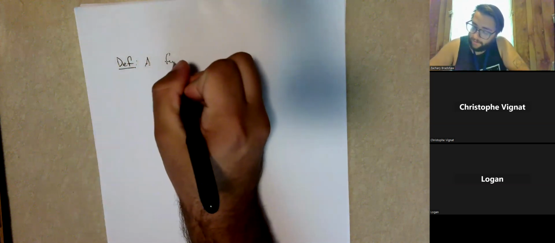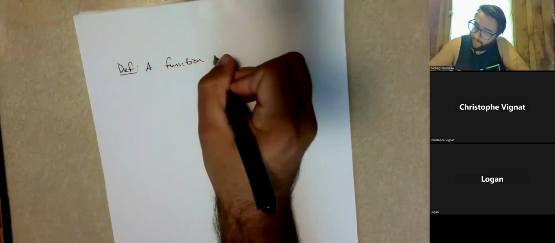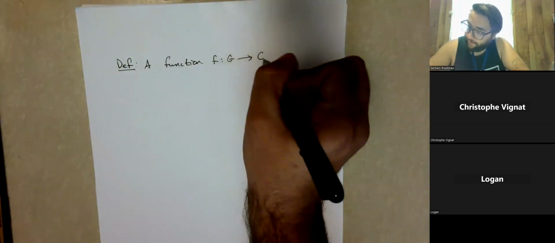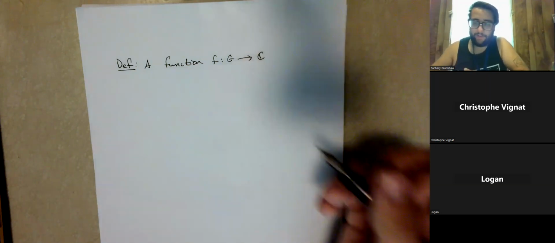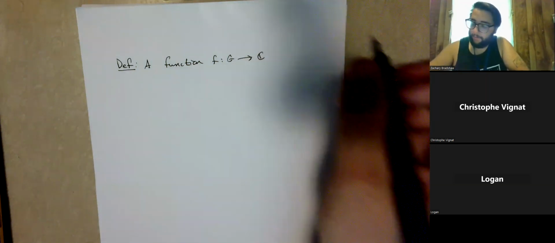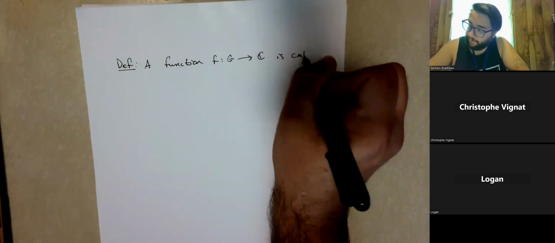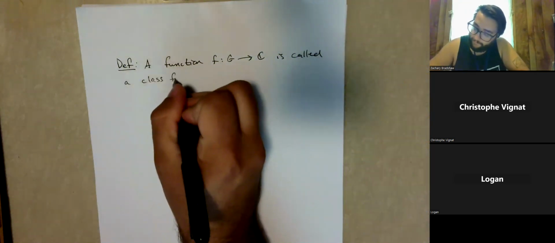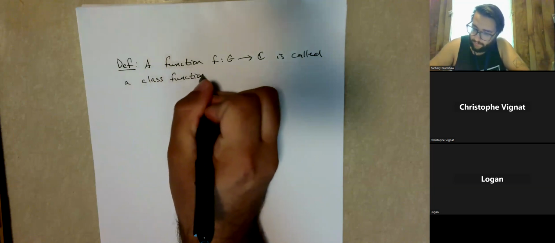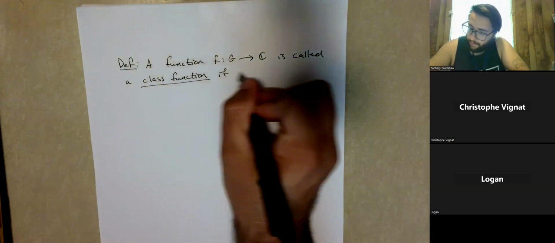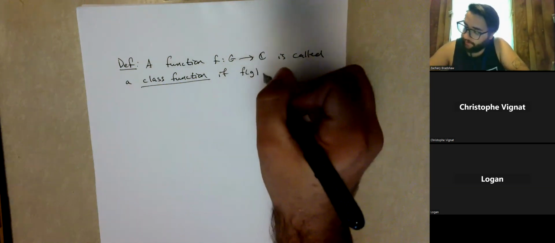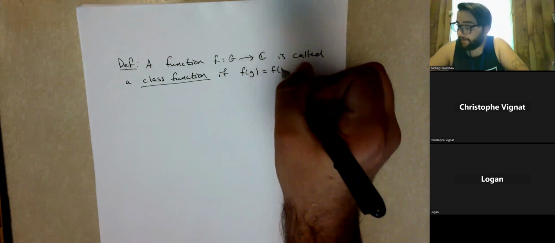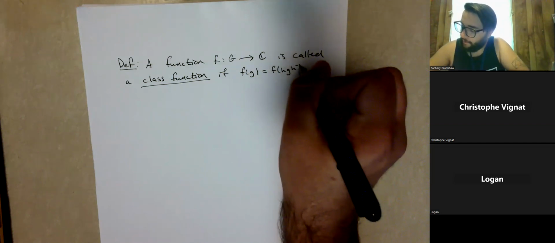So a function f from G to the complex numbers, such as the character of a representation, is called a class function if it's invariant under, well, if it acts the same under conjugation.